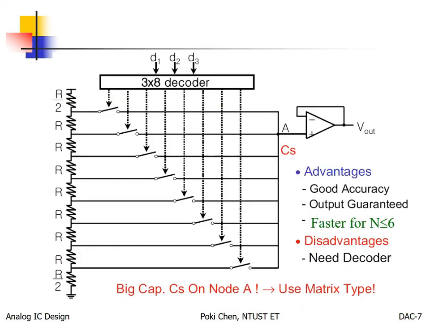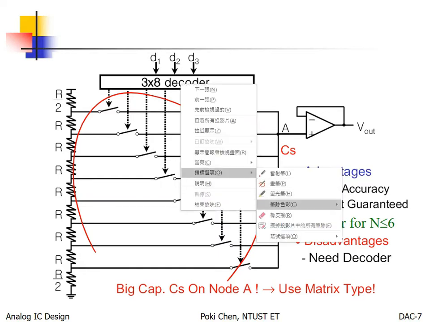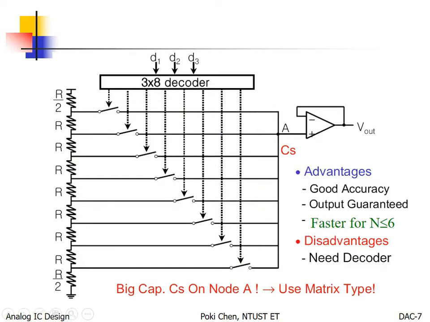So the next step is to replace the switch structure from many layers, from n layers, to only 1 layer. But how to make it? Through the help of a decoder. For example, 3 to 8, right?